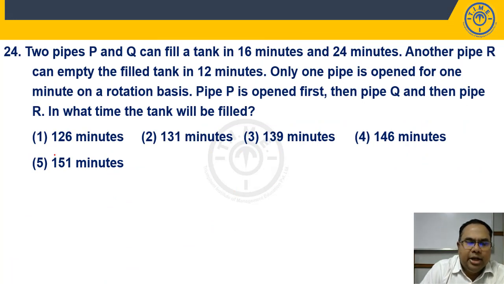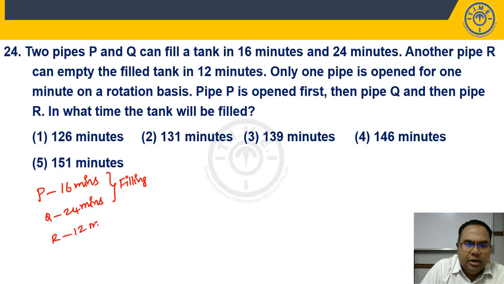Two pipes P and Q, these two are filling pipes, can fill a tank in 16 minutes and 24 minutes respectively. Or R can empty the tank in 12 minutes. This is the emptying pipe.